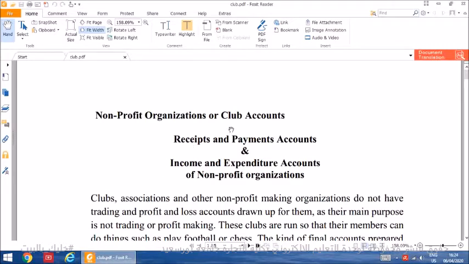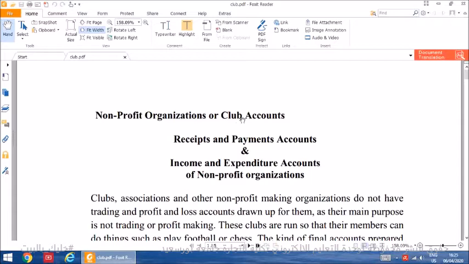Here we will cover one example of non-profit organizations, that is clubs, or club accounts. So we will cover club accounts, which are an example of a non-profit organization.